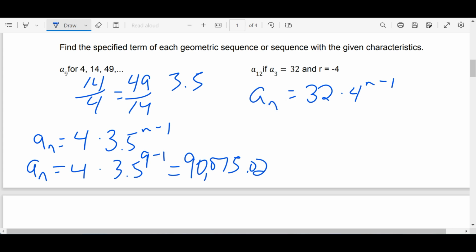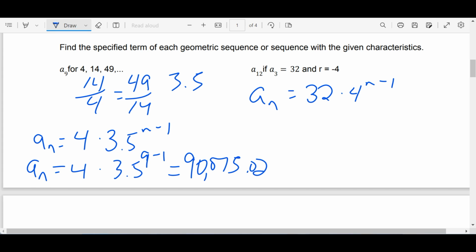Now, keep in mind, 32 is not your a sub 1. I did not change that, but in order to find this, I'm going to plug that in temporarily to find a little bit more information. Because if we do it this way, I can find what the 12th term is.